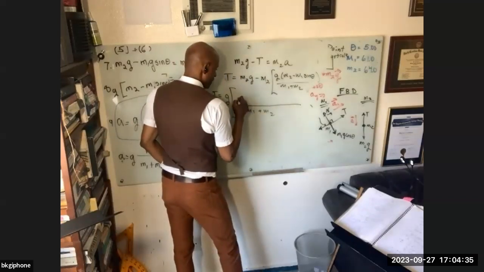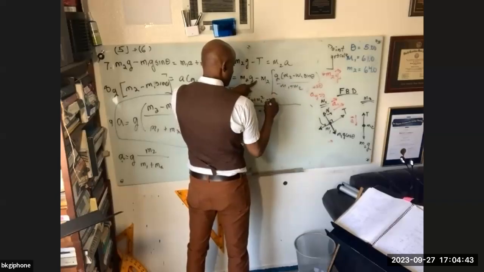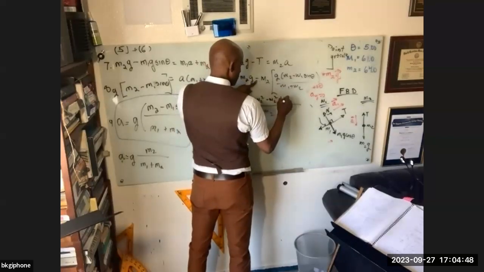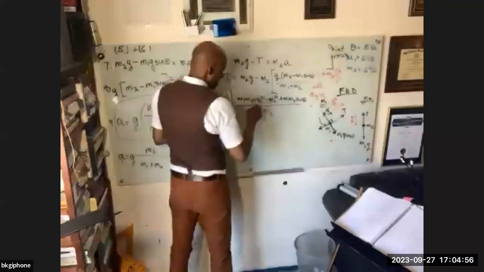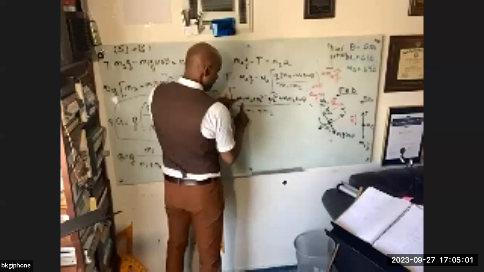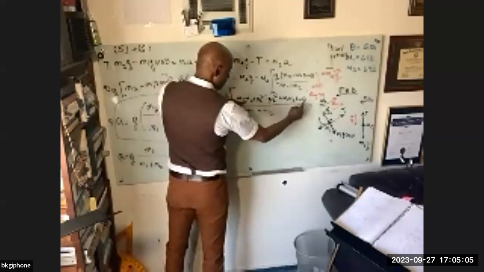I'm going to get an M1M2 plus M2 squared, and then minus M2 times these terms. So minus M2 squared, minus and minus is a plus M1M2 sine theta. Okay? Now, that guy cancels that guy. So now I have an M1M2 plus an M1M2 sine theta.